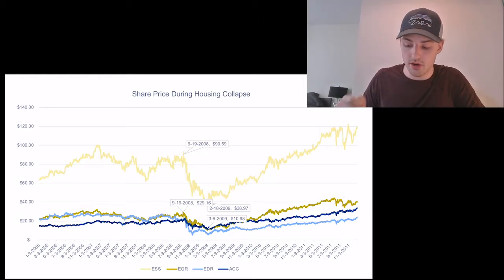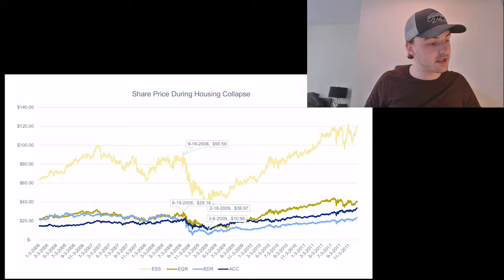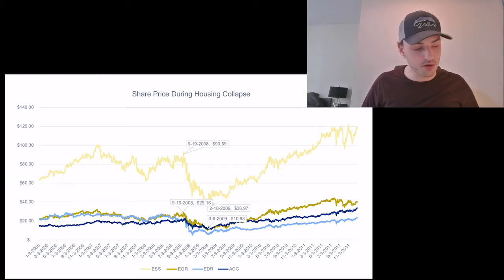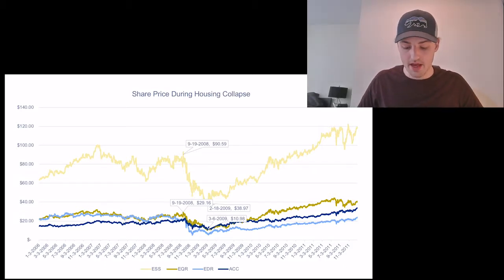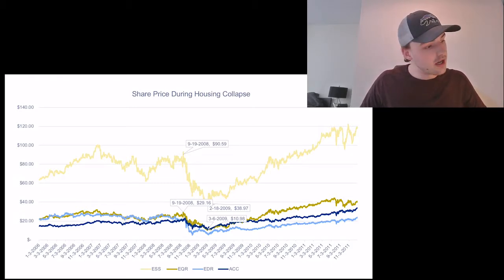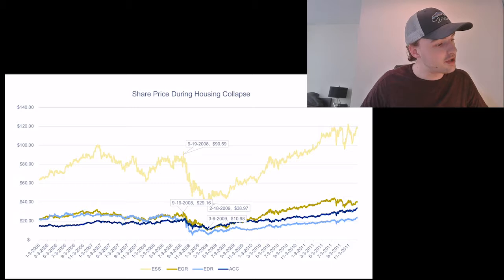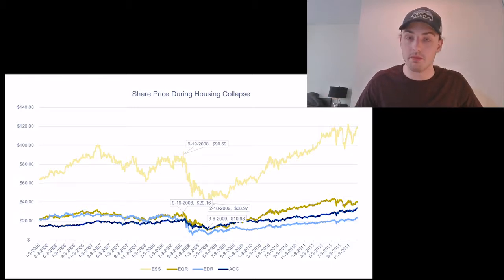This pattern will occur across all slides. The yellowish colors are ESS and EQR, where ESS is Essex Property Trust and EQR is Equity Residential REIT, and then the blue will always be the education or student housing real estate investment trusts, which are Education Realty Trust and American Campus Communities.